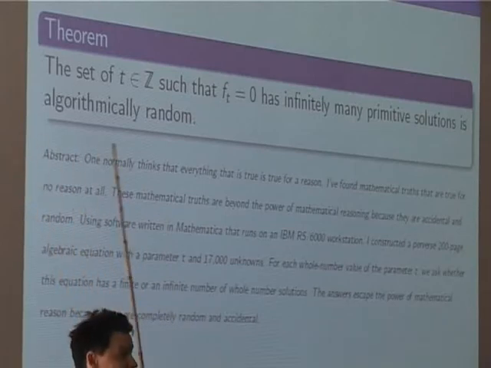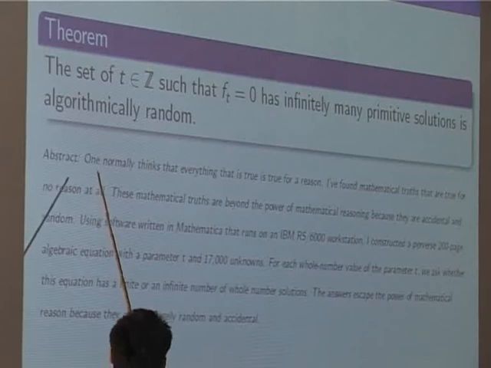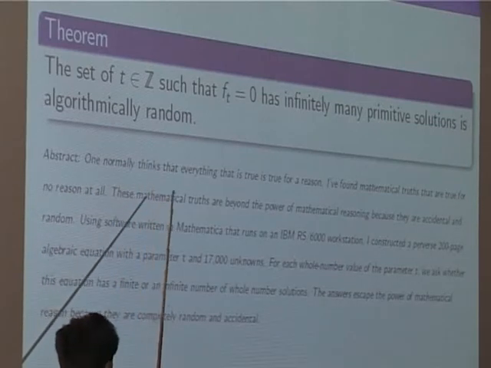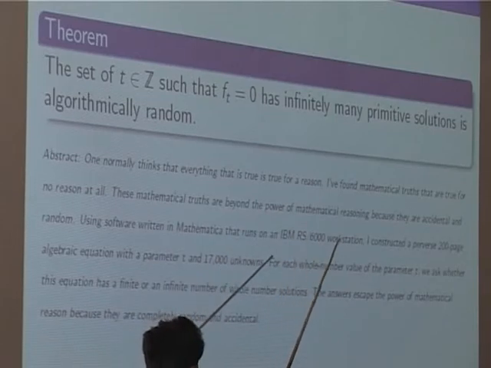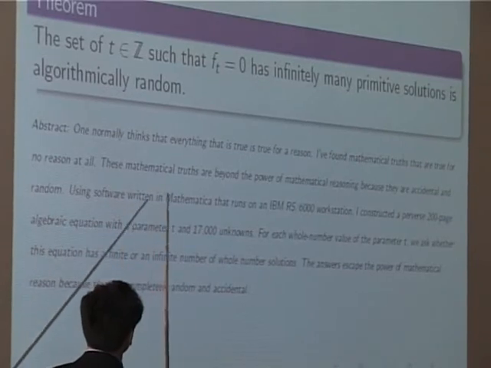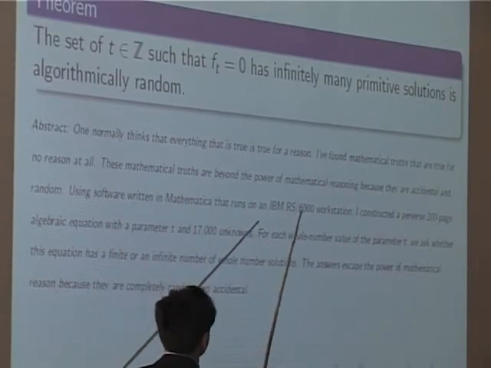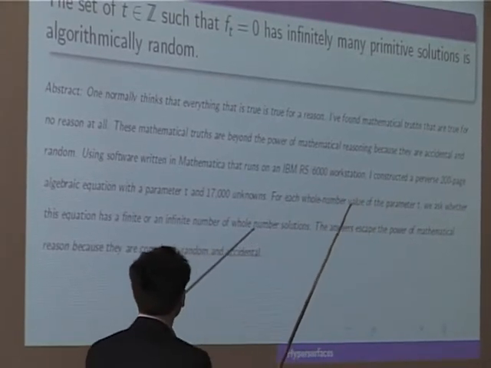Now, the abstract is also quite telling. One normally thinks that everything that is true is true for a reason. I found mathematical truths that are true for no reason at all. These mathematical truths are beyond the power of mathematical reasoning because they're accidental and random.